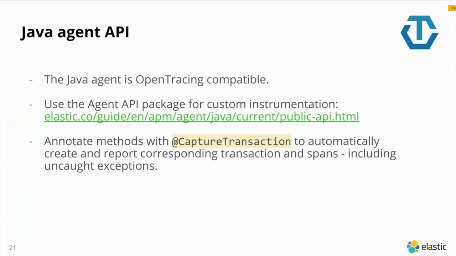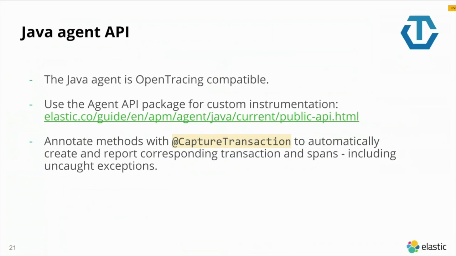This, of course, will require some code changes on your part, but if you add the agent API package to your application, you'll be able to, for example, annotate methods with this capture transaction annotation, so that this method automatically will be created as a transaction and then reported back to the APM server. If any uncaught exception should happen during that method call, that will be captured as well.